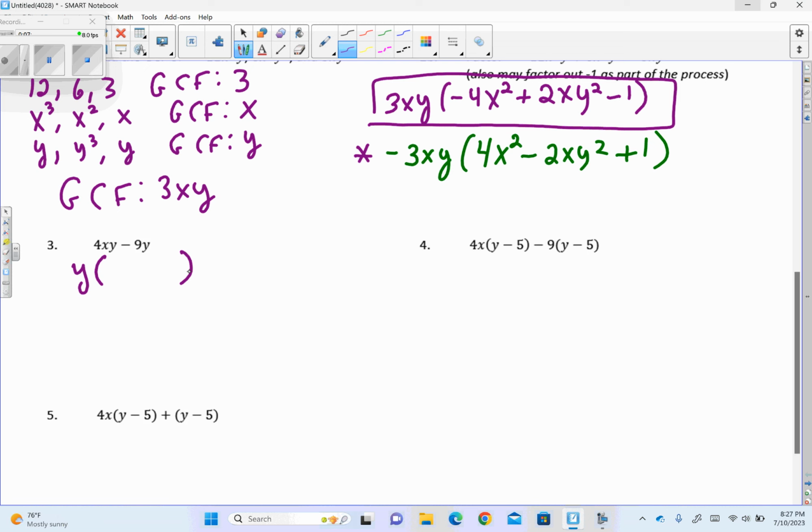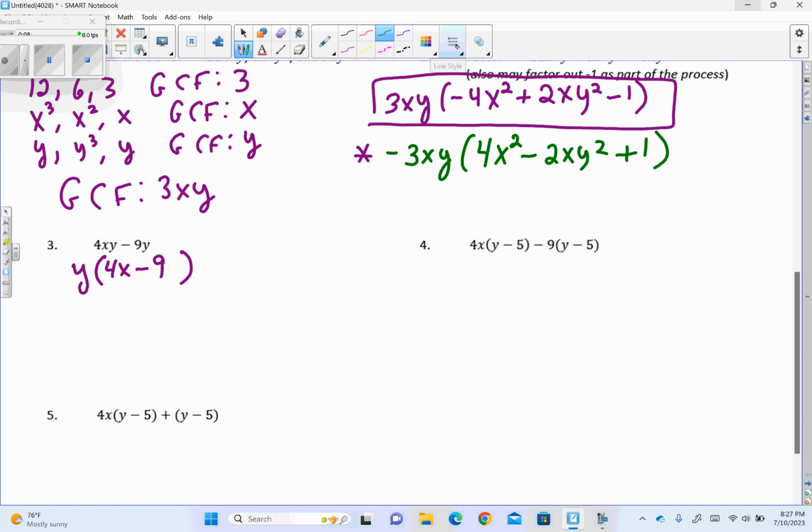We're going to take that to the front. And then if I have y to the first and I want 4xy, I'm going to need a 4x. Then we have a minus sign. And if I have y and I need 9y, then I'm going to need a 9.